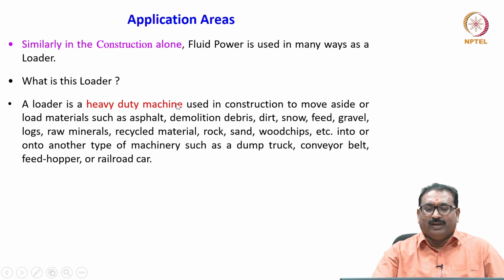A loader is a heavy duty machine used in construction to move aside or load materials such as asphalt, demolition debris, dirt, snow, feed, gravel, logs, raw materials, recycled material, rock, sand, wood chips, etc. into or onto another type of machinery such as a dump truck, conveyor belt, feed hoppers or a railroad car.